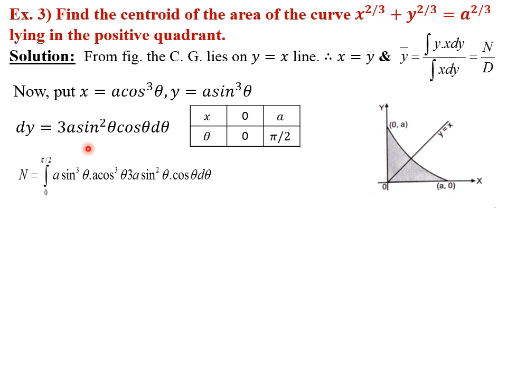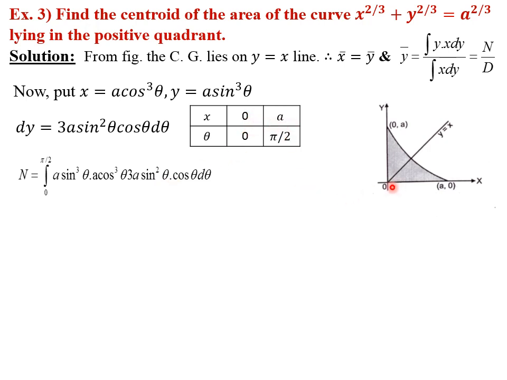Now our value of n will turn to the integration from 0 to pi by 2 of a sin cube theta into a cos cube theta into 3a sin square theta into cos theta d theta. Here a sin cube theta is the value of y, a cos cube theta is the value of x, and the limits are from 0 to pi by 2. Now how is x running from 0 to a?